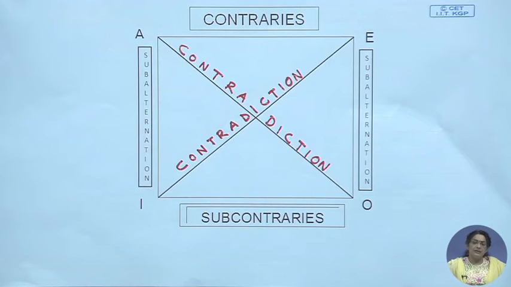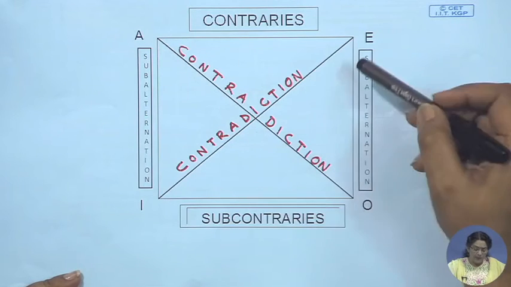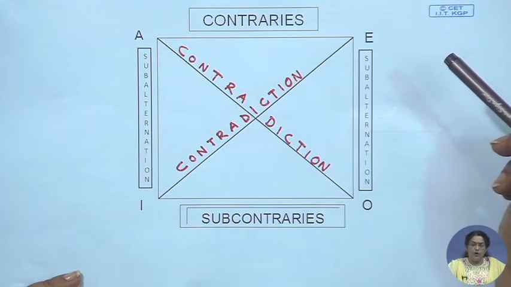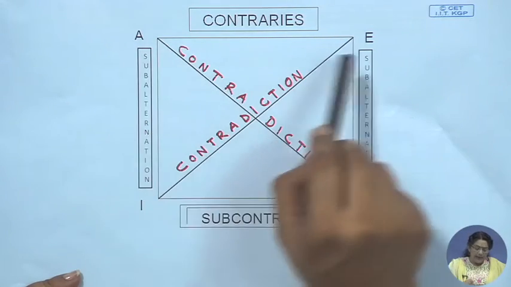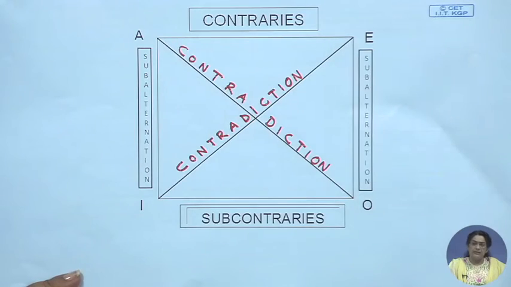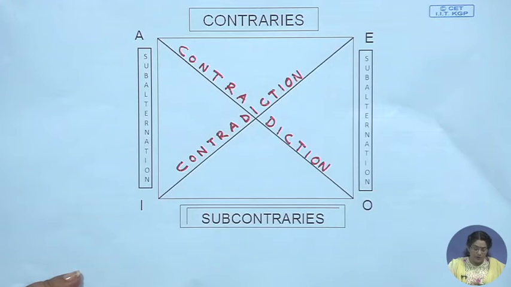When that happens, the square of opposition tells us the kinds of logical differences, or oppositions, you can see in them. I will explain that later. Let us first get acquainted with the names of the relationships. Between A and E, there is a relationship of contrary, C-O-N-T-R-A-R-Y, and the pair is called the contraries. So between A and E, the contrary relationship holds.